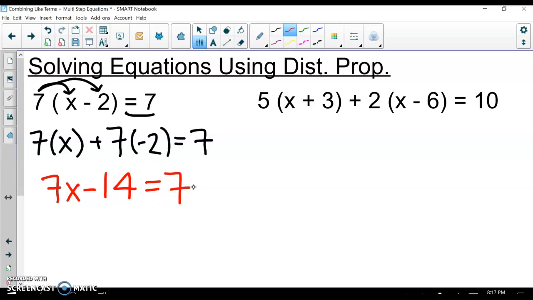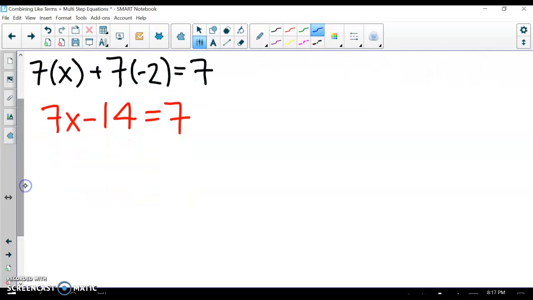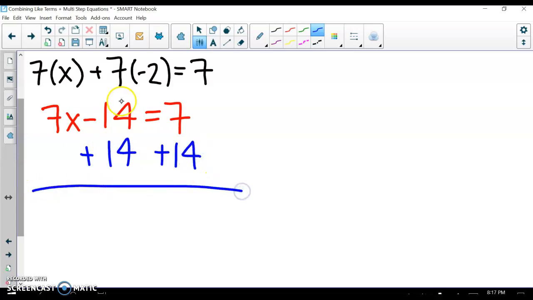And now we're back down to just solving 1 and 2 step equations, which we've been practicing for a while. You can see why we started with those. So we add 14, and negative 14 plus 14 gives us 0, so we have 7x is equal to 7 plus 14 is 21.